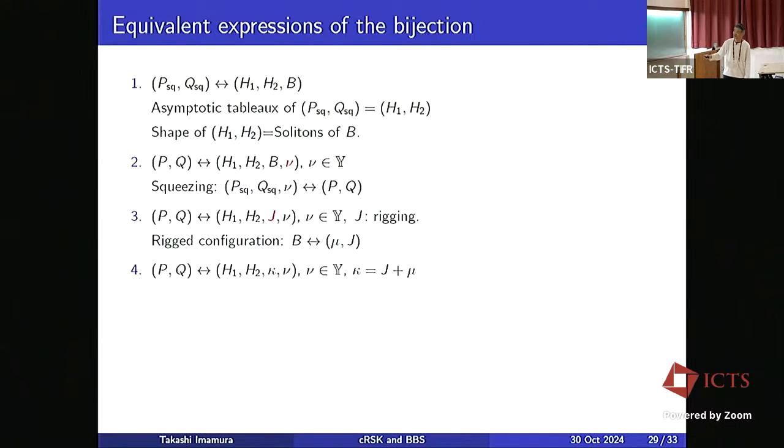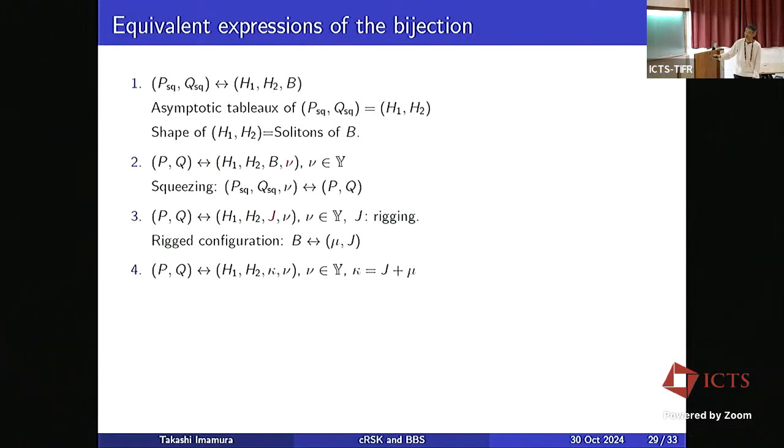By using this, we get this bijection, where the left-hand side becomes not a squeezed pair, but a general pair of the generalized tableau, and we put nu here. We further use a KKR bijection for B, so B can be replaced by the leading J. As I already said, the KKR bijection is basically the bijection between B and the rigged configuration mu and J, but mu already appears as the shape of H1 and H2.